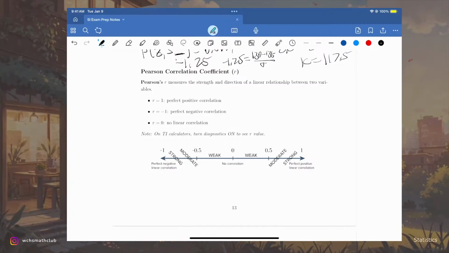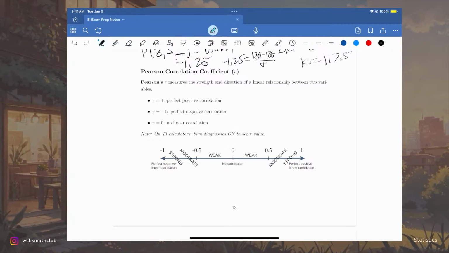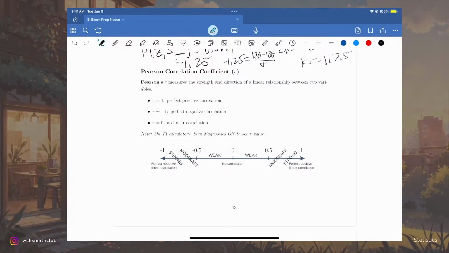So Pearson's r-score measures both the strength and direction of a linear relationship between two variables, with 1 being they fit perfectly on an upward slope line, -1 being they fit perfectly on a negative slope line, and then 0 meaning there's no correlation really at all.